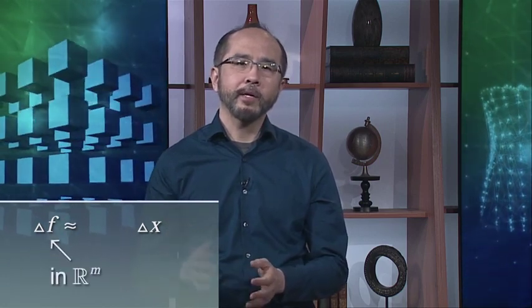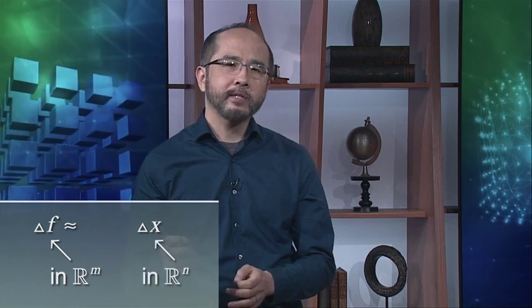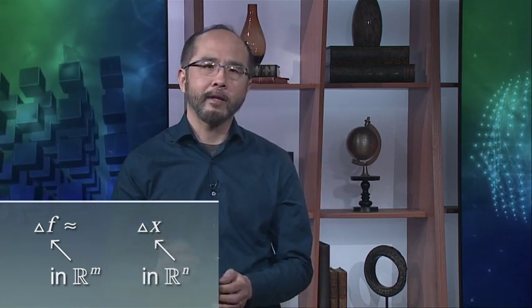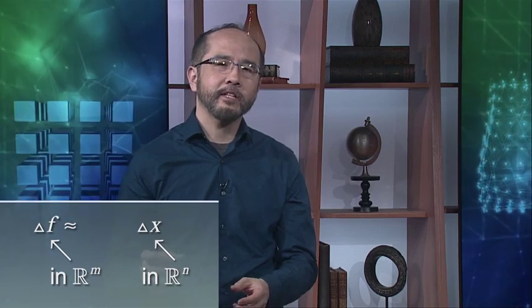With multivariable functions, we'll use a similar expression, except delta f is going to be a change in the output. So it's a vector in Rm, and delta x will be a small change in the input. So it'll be a vector in Rn.